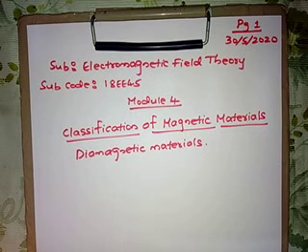There are a few properties of the ferromagnetic materials. These ferromagnetic materials can be strongly magnetized with a magnetic field, and even after removing the magnetic field, some magnetism will remain in these materials, which is called residual magnetism.